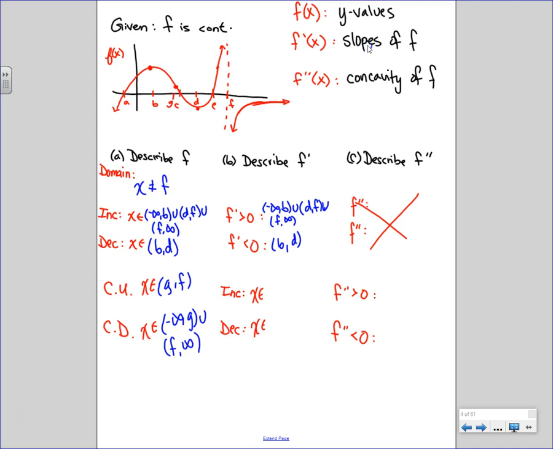So I can say where the original function is concave up, the derivative is increasing. Going from negative to 0 to positive, that's getting higher. And where the graph is concave down, what's going on to my slopes? Positive to 0 to negative, decreasing. So I can go ahead and steal these. And if the derivative is increasing, what do I know about the sign of its derivative?